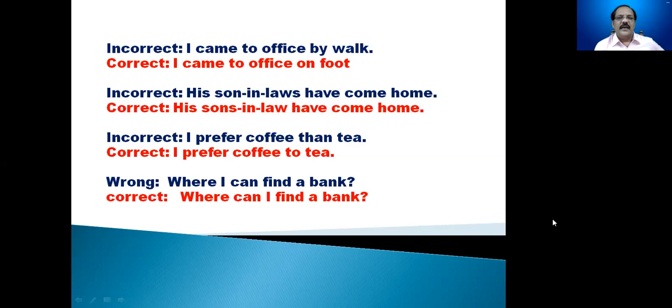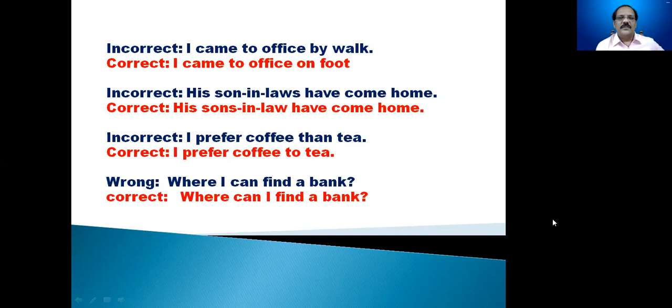Here I is the subject and can is the verb. Usually in assertive sentences, we get the subject first, then the verb. That's the reason why where I can is in the assertive sentence form or statement form. Instead of that, you have to use where can I. The verb should come first, then later the subject. Then it becomes a question.